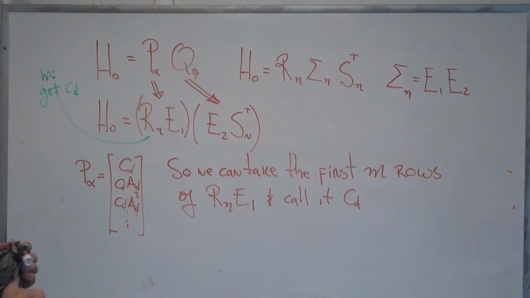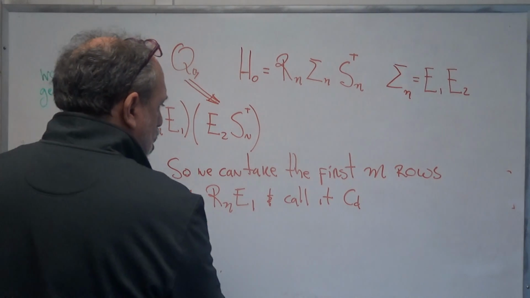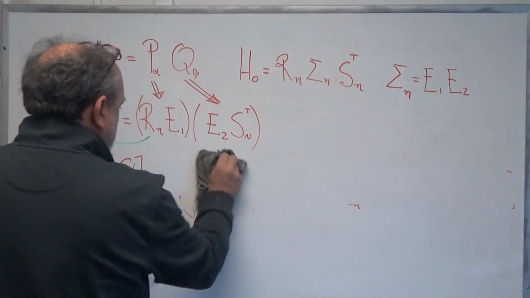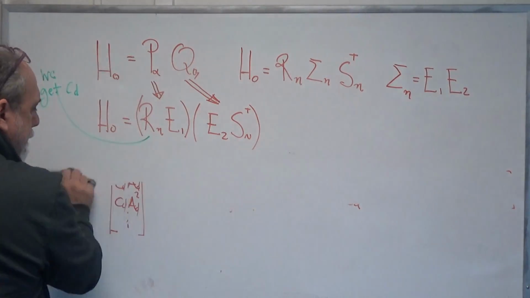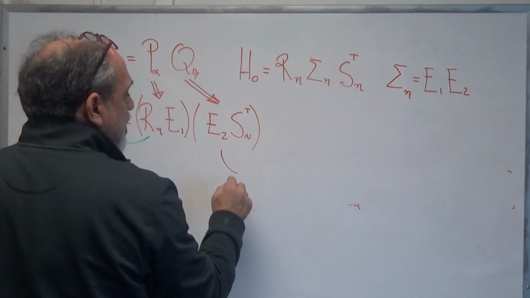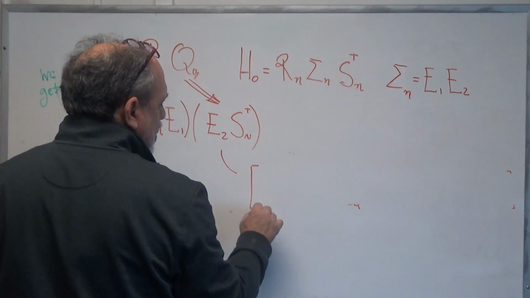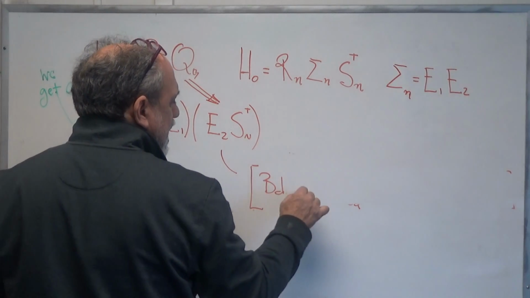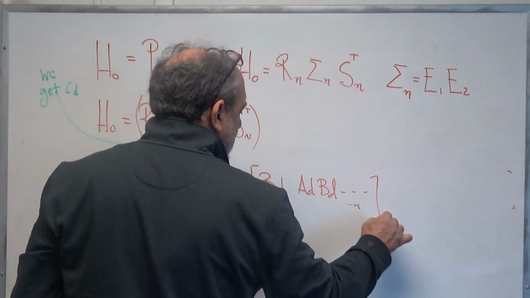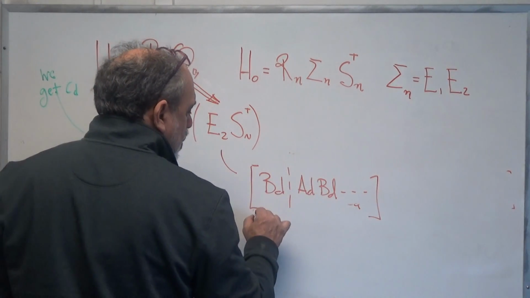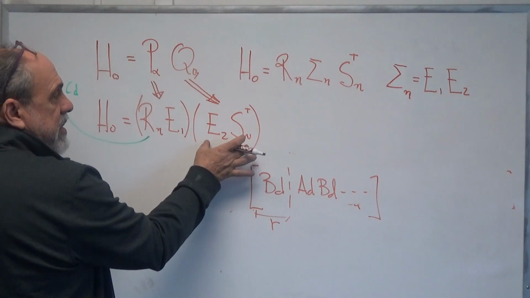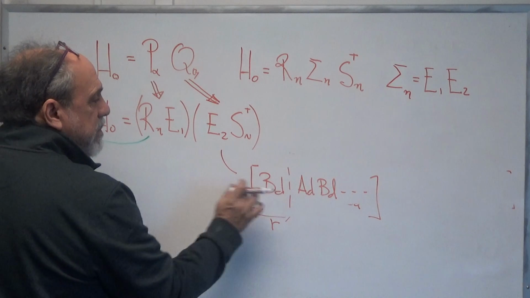Now, we also know that the controllability block is equal to BD, AD, BD, etc. Therefore, we can take the first R columns of this block and call them the B matrix.